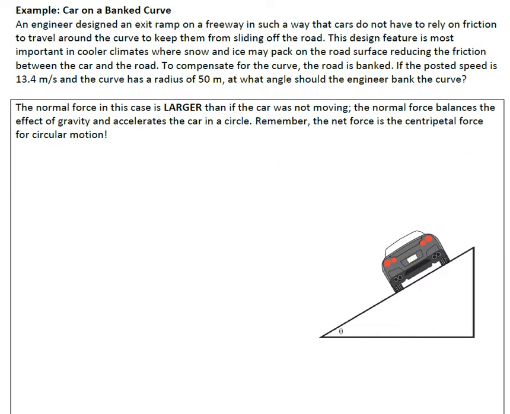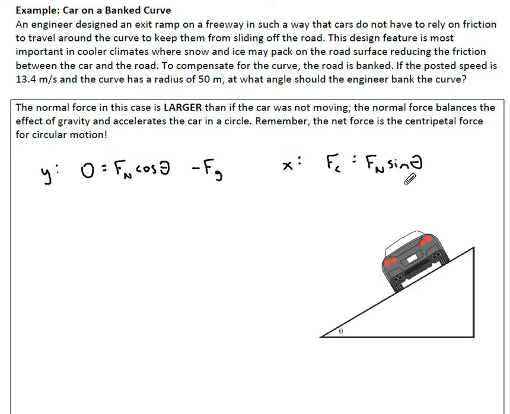I'm going to redraw this because I'm running out of space, and write those two equations again. In the y direction, 0 is equal to Fn cos theta minus the force of gravity. In the x direction, the net force, the centripetal force, is equal to Fn sine theta.